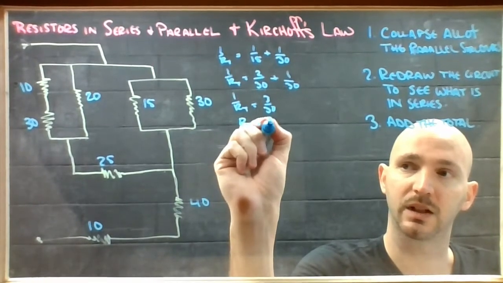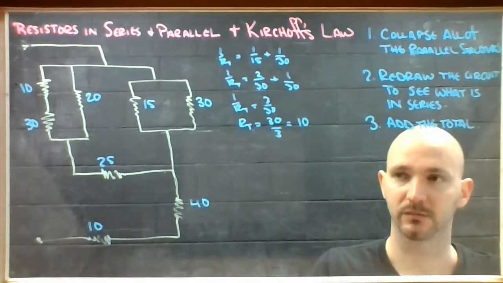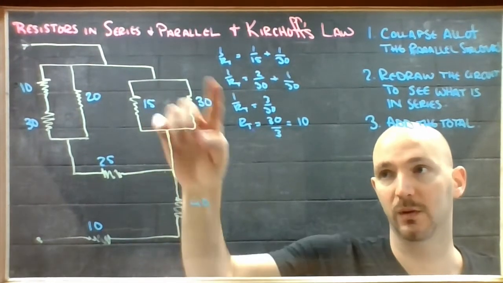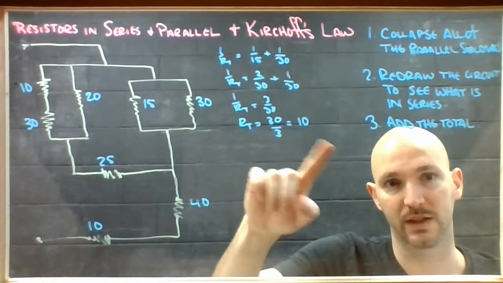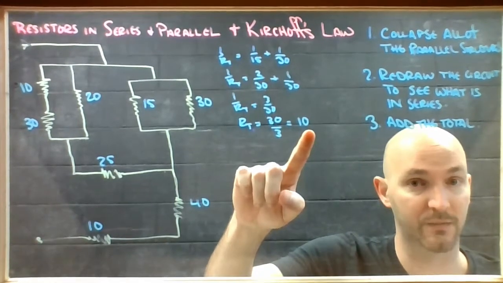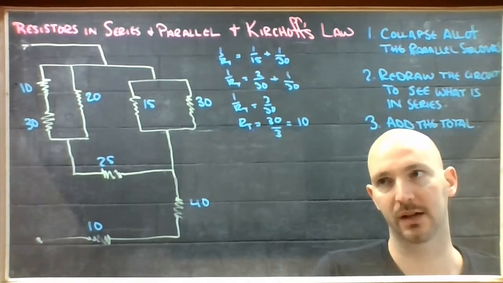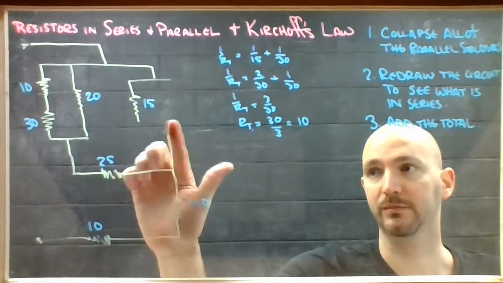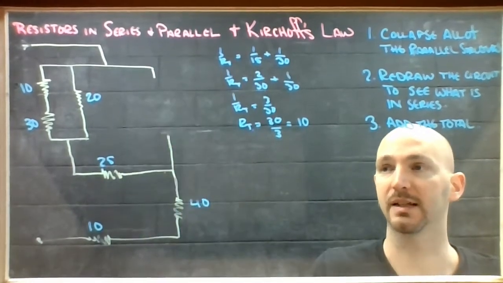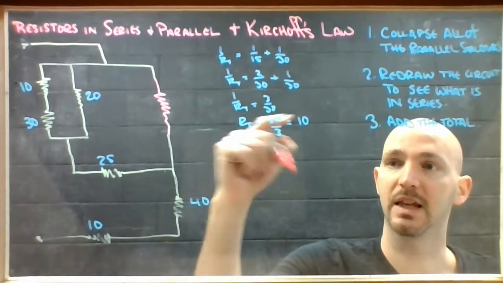It's 30 over 3, which would be 10. Okay, so this whole thing is worth 10, and that's encouraging because when I do one of these, this answer I get for net should be less than the smallest one there. So here's what I'm going to do. I'm going to take this parallel structure and I'm going to replace it with a single resistor equal to what it's worth.